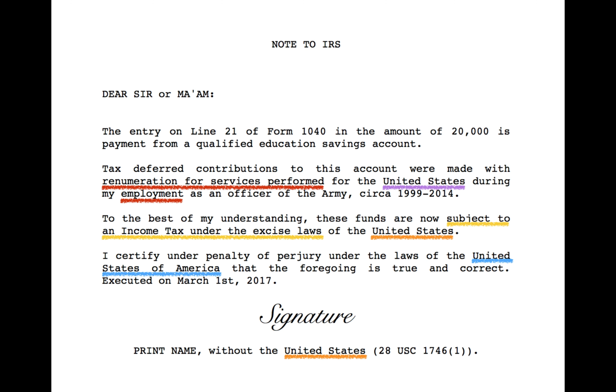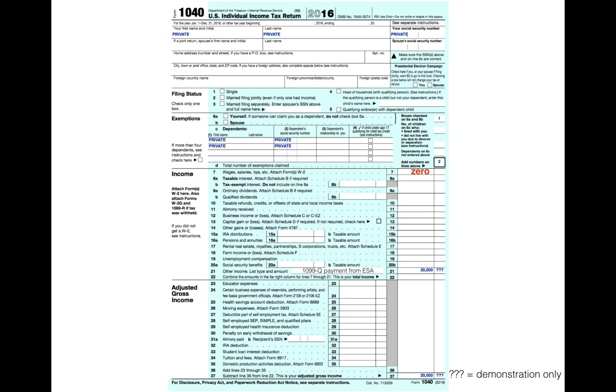Now we can see what the meaning of my jurat is, and where I basically plagiarized the codes and the other official sources in order to write my note to the IRS. So anyway, here's how I filled out my 1040 form. I have the standard deductions.